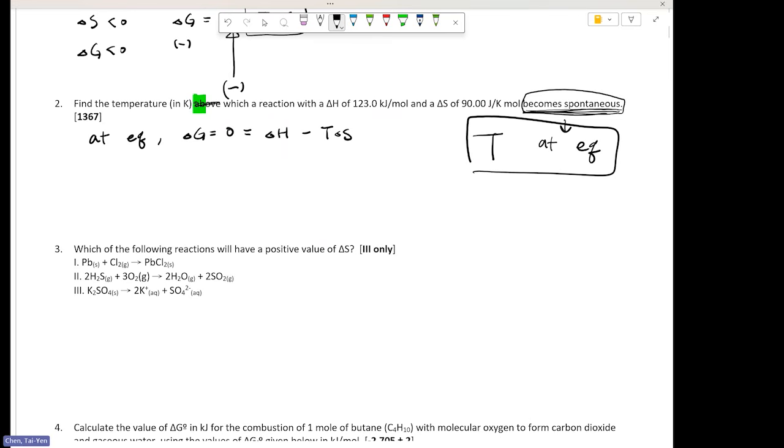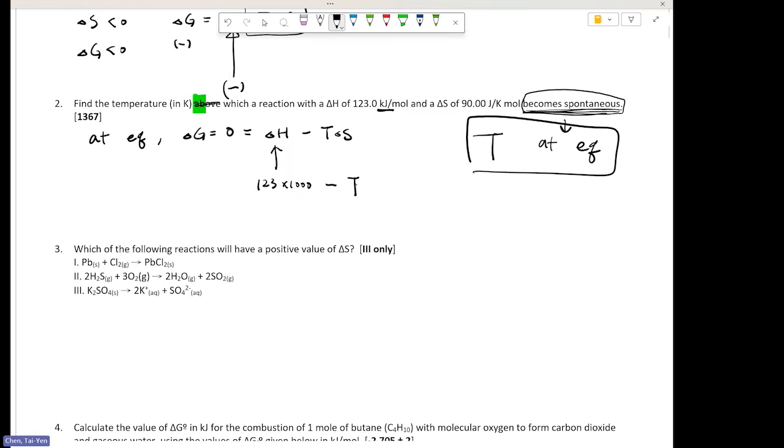After you know this, you come back and reread the information, and you realize that delta H is 123. Be careful about the unit: it's kilojoule per mole, so you want to convert to joule by multiplying by 1,000.